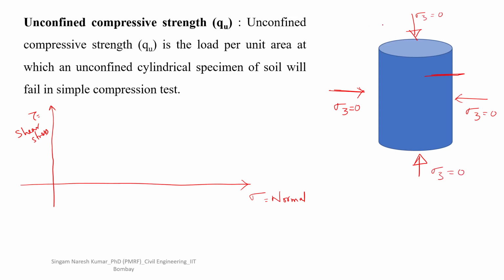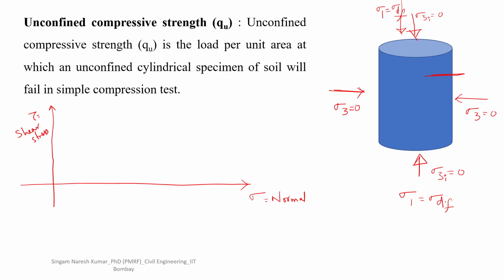Next, the test will be done under simple compression. Let us take that as sigma 1, which at the end will be sigma d, called the deviatoric stress. It fails under only deviatoric stress because there is no confinement. So sigma df at the top, and the same at the bottom also. These are the initial conditions.